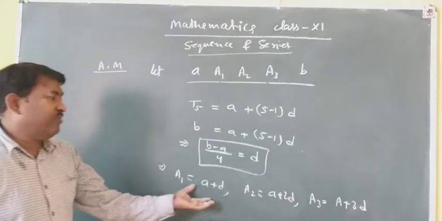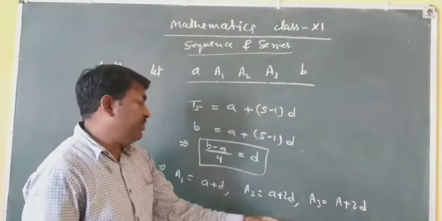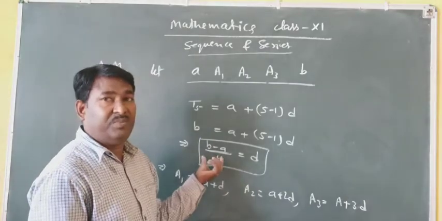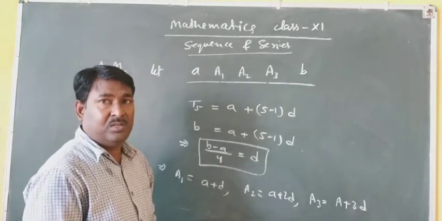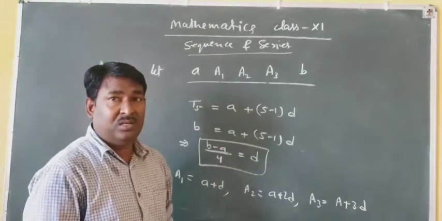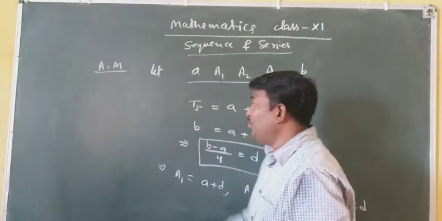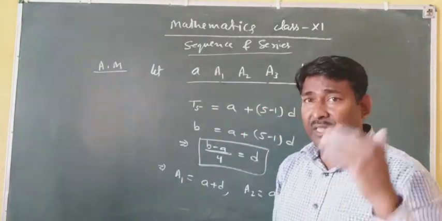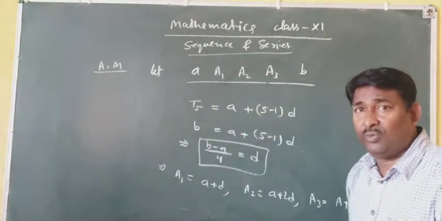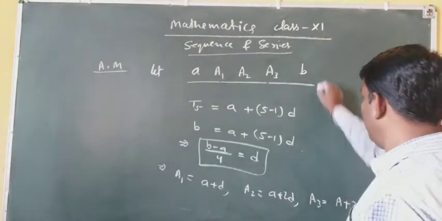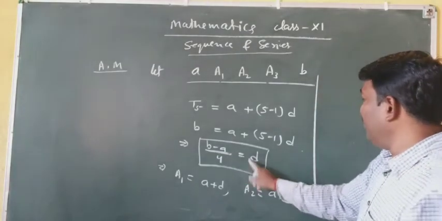In this way we can find the different arithmetic means, since d is now known in terms of the given numbers A and B. So in the general case, if we have to introduce n arithmetic means, how will you introduce them? Here this is the formula.